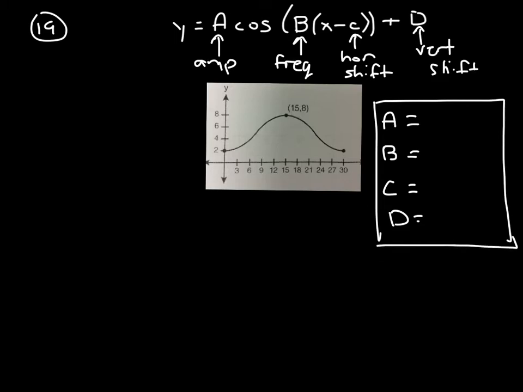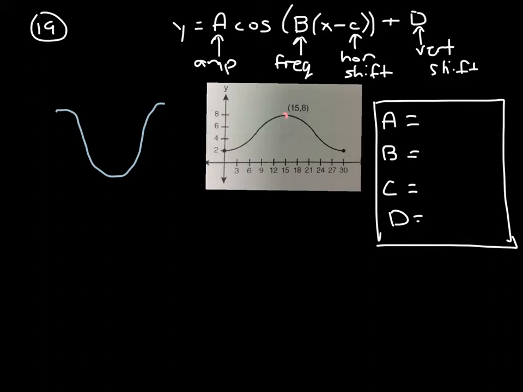Okay, so for this, I'm actually going to start off with a new aspect going on here, the horizontal shift. Now, since this equation is representing cosine, normally what happens with cosine is it starts off high, drops down low, and comes back up. So what we could see is that this curve actually does that starting right here.